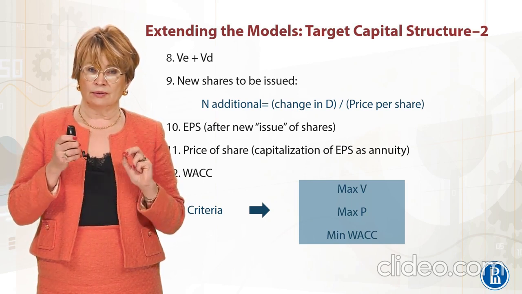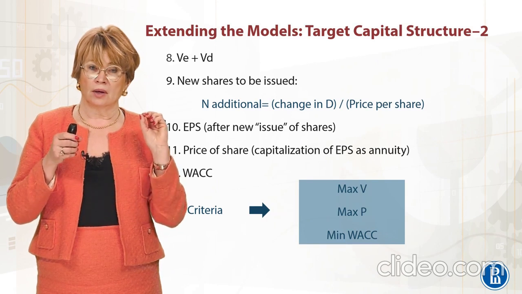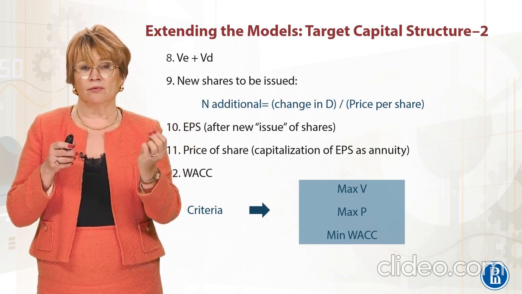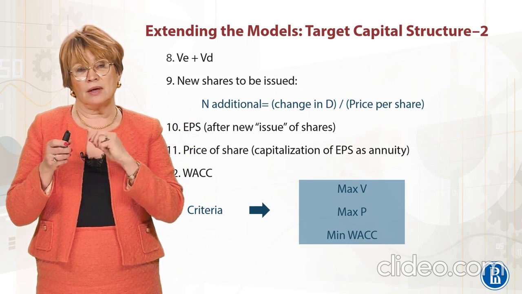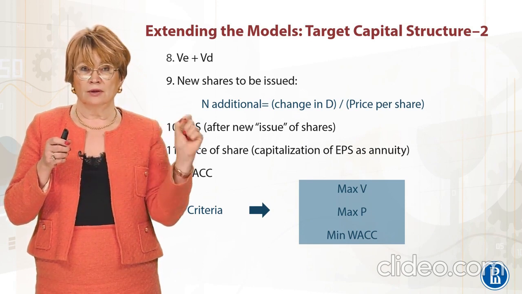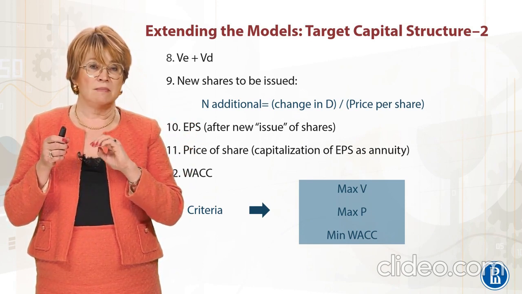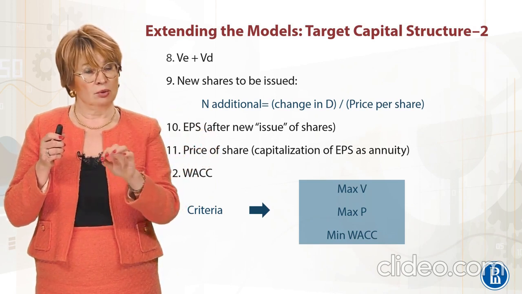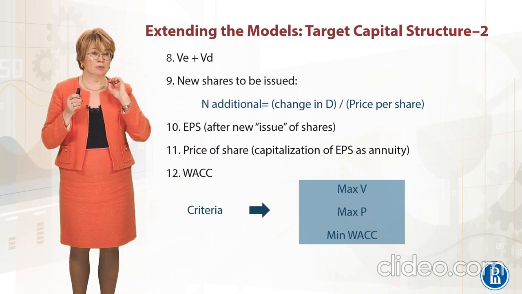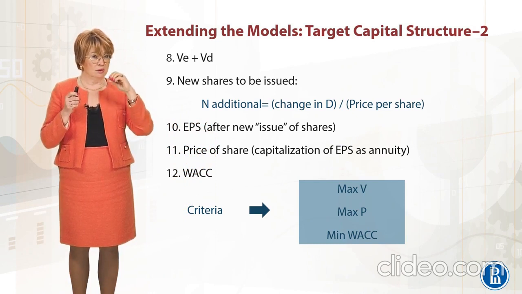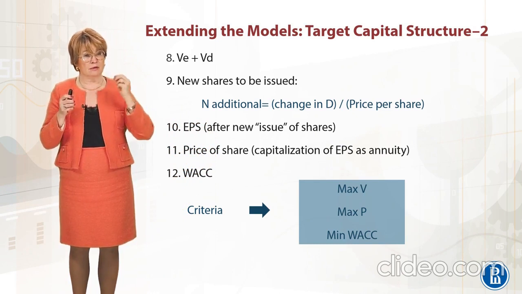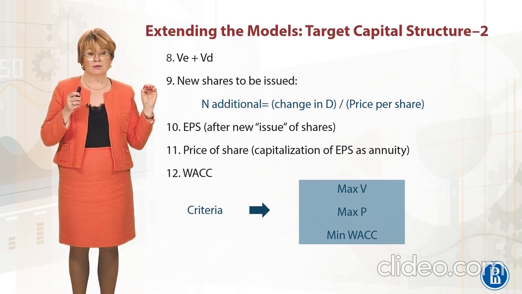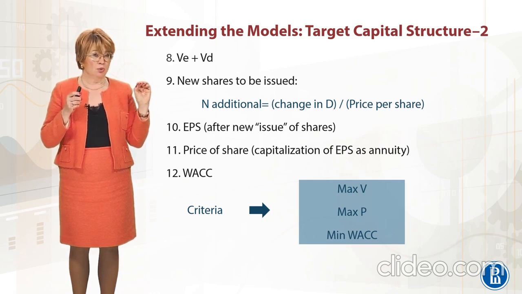Remember, with no growth strategies, earnings before interest and tax are the same. The interest expense is the same, so the earnings available to be distributed among shareholders at that level of debt to equity coefficient would be the same. They will also be permanent.